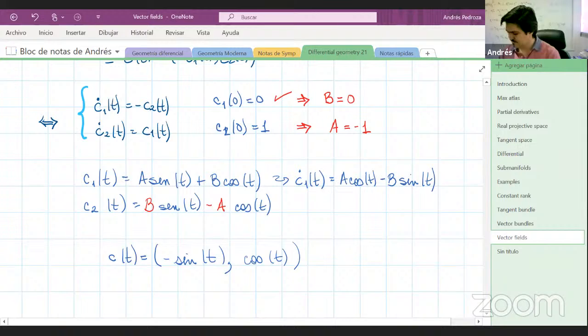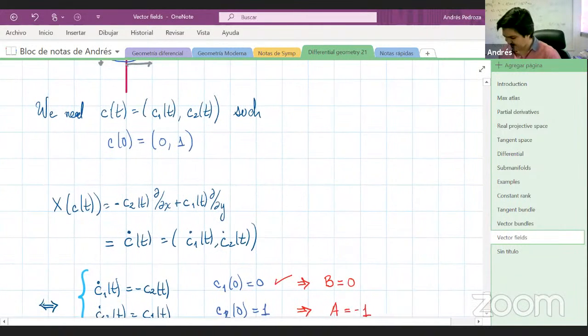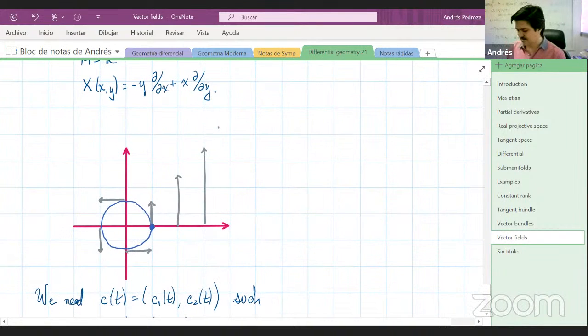Or maybe I drew something and the vector field is different. I don't know if that's the problem here. Let's see if the vector field agrees with the picture. Maybe that's my mistake.